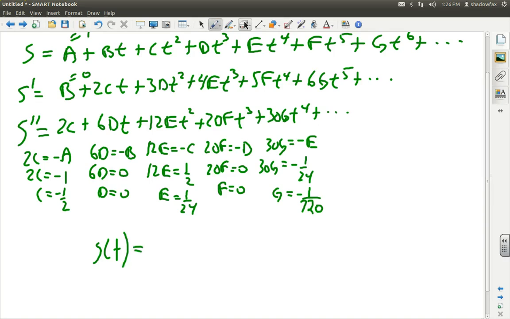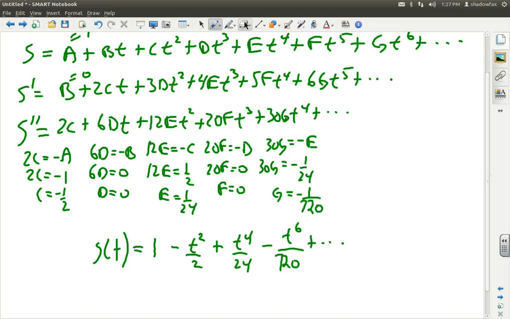Okay, is a, which is 1, plus bt, but b is 0, so that drops out, plus ct, so minus t squared over 2, then d is 0, so no cubic term, plus et to the 4th, so plus t to the fourth over 24, and then f is 0, so no fifth degree term, plus or minus 1/720th of t to the sixth, plus, and you know this is Maclaurin expansion, don't you?